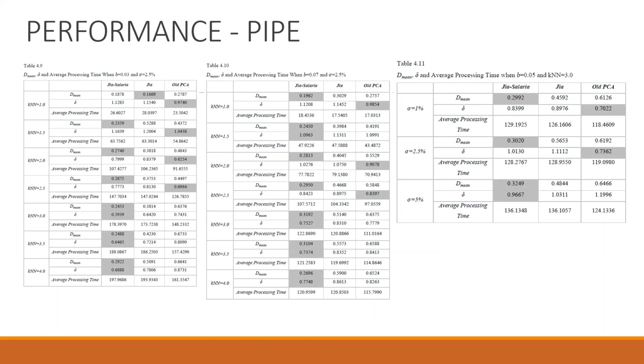And also for pipe, most of the best results are given by GIA salaria, with different KNN, different values of B and different data percentages.